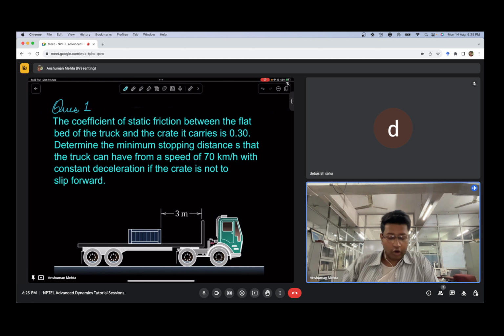Determine the minimum stopping distance s that the truck can have from the speed of 70 km per hour with constant deceleration if the crate is not to slip forward.